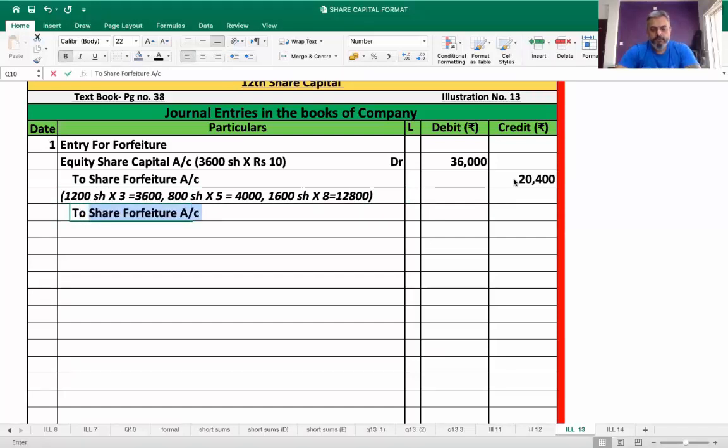Next, to equity share allotment account. Now we did not receive allotment on 1200 shares. Into allotment is 2 per share, 2,400.